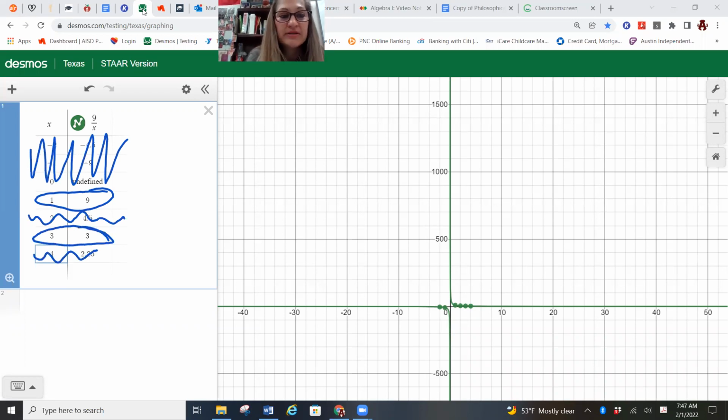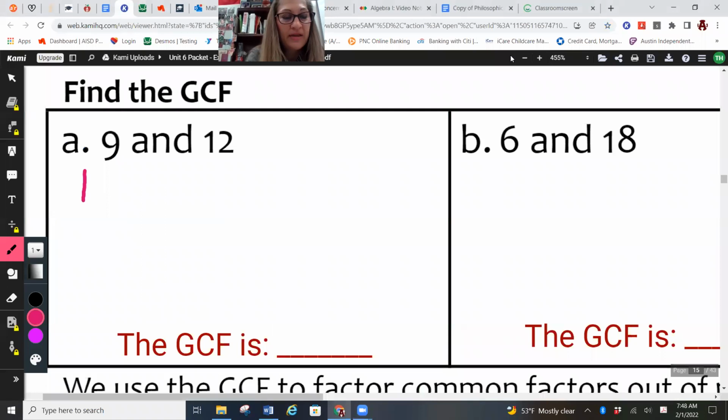Oh, that has a decimal, that's not 1. So these are the only 2 factors that multiply to make 9. Now we go back over here and copy that down. I like to do my factors in order: 1 times 9, 3 times 3. So now let's do 12.